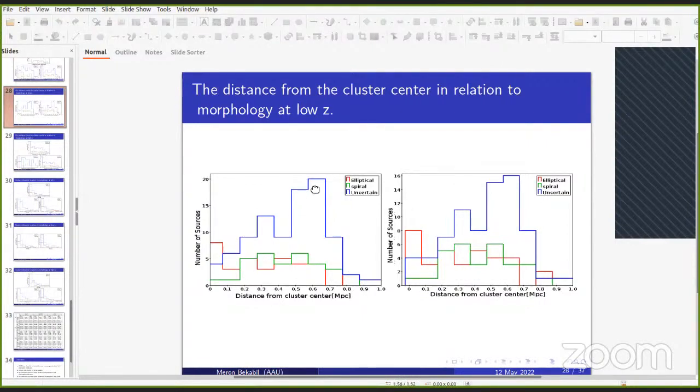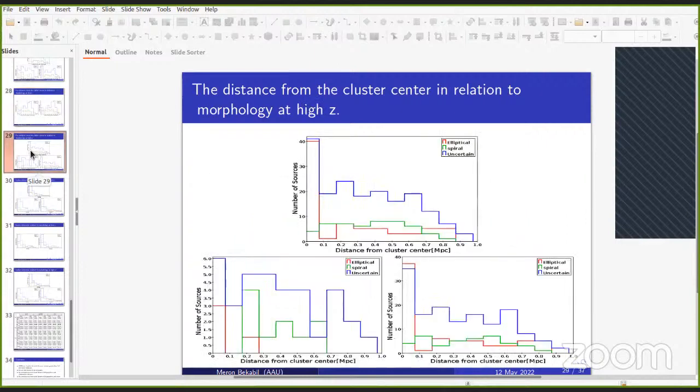Most of them are uncertain galaxies, located here, and this is what we see from our analysis. This one is the distance from the cluster center in relation to the morphological type of the galaxies.